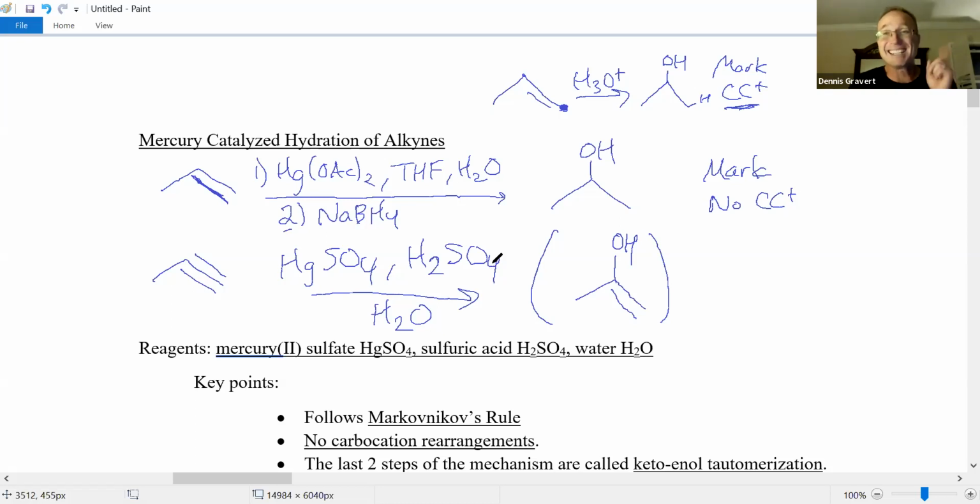Let's get to the nitty gritty, the bottom line. Which set of reagents to put on the exam? I'll accept either one. When I'm writing the reaction though, I'm going to use the easier one, the mercury sulfate, sulfuric acid, and water. Those will be my choice of reagents.